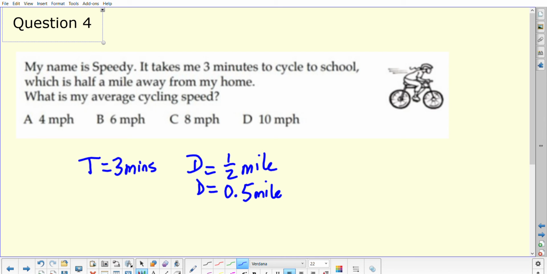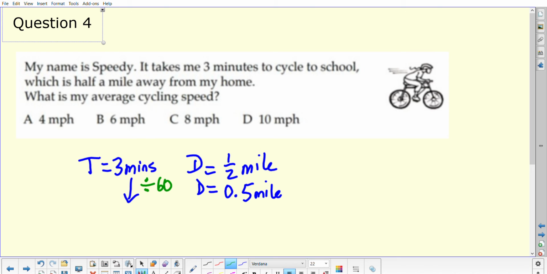If you look through the answers, you will see they're all in miles per hour. So that's like miles divided by hours. So we have to do something with that 3 minutes to change it into hours. And this is where the very first lesson that we did with time comes in, where you're working out the fact that 3 minutes is 3/60ths of an hour.